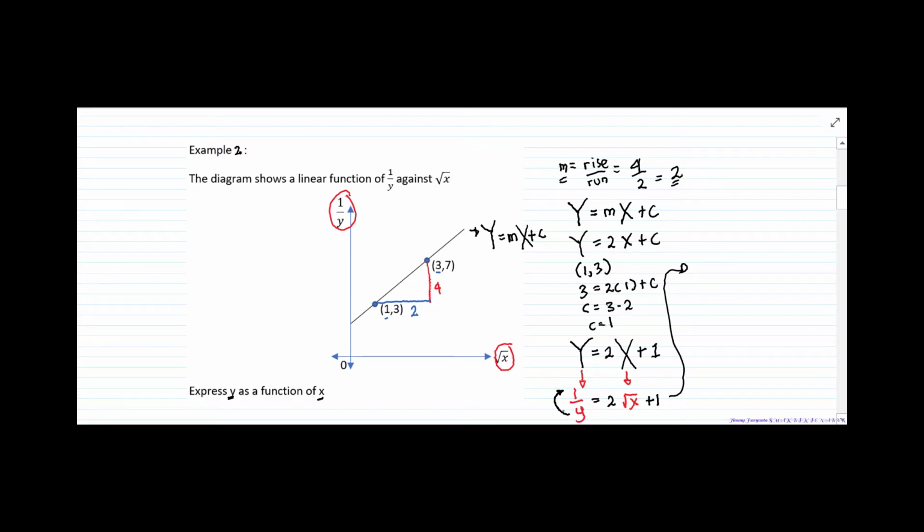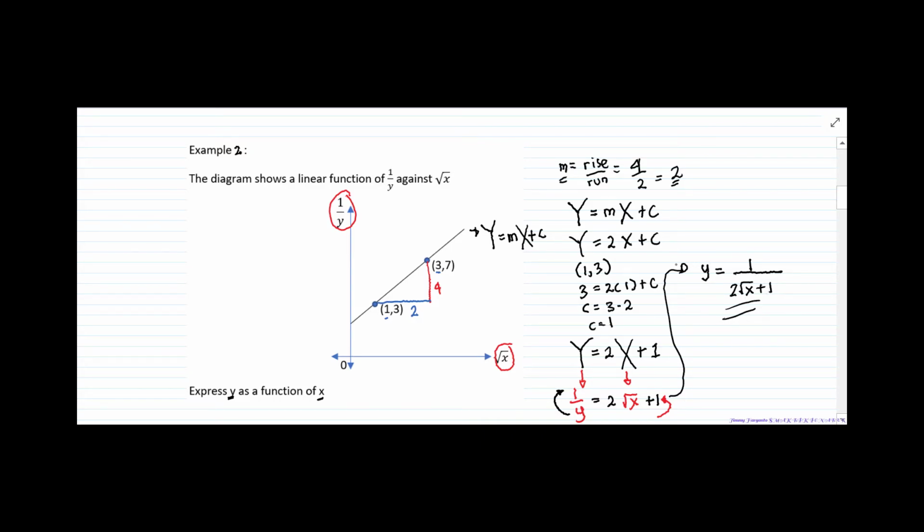So we flip the left side and it will automatically become y. But the rules of algebra say if we flip the left side, the right side is also flipped. So how to flip this one? Yeah, you use 1 over 2 root x plus 1. There you go, we have y in terms of x.